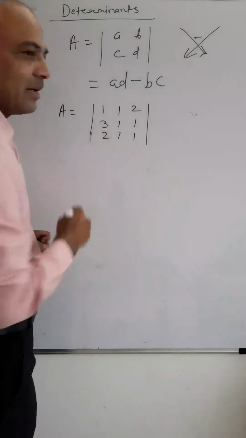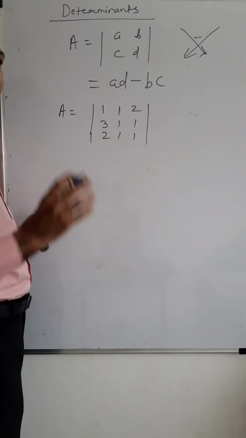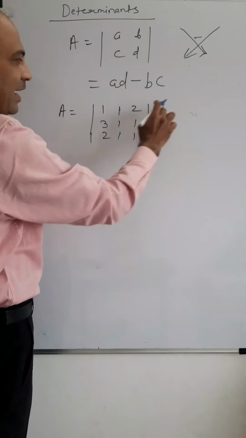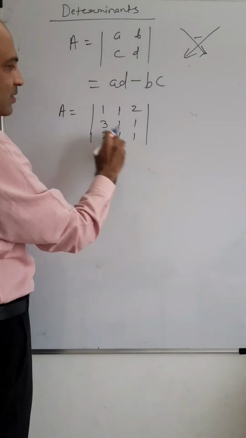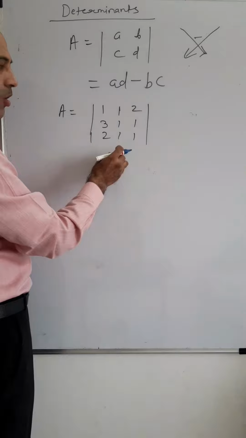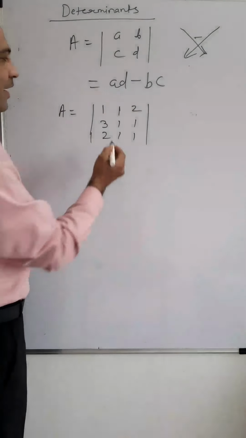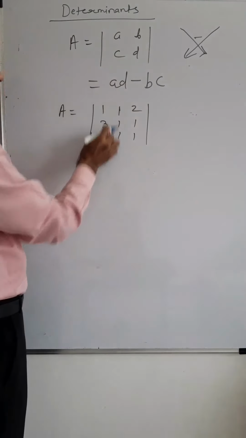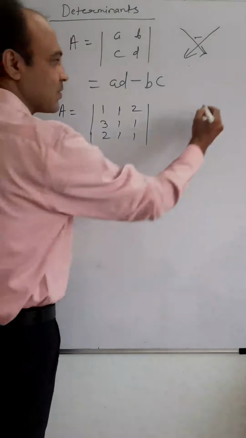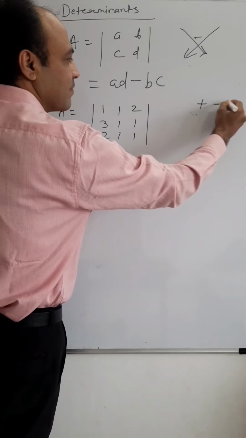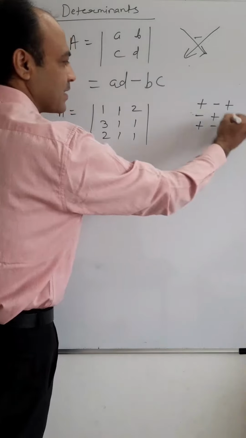3 cross 3 order determinant, how do we expand it? We can expand a determinant from any row or any column. I can expand this way, also from this column or this row. Generally we go with the first row or first column. We also have a sign convention for determinants: plus minus plus, minus plus minus, plus minus plus.